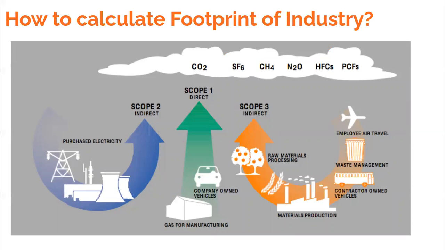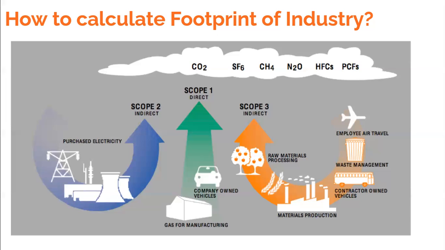We need to be clear about the terminology which industry uses when calculating carbon footprint. So an industry's carbon footprint calculations generally are categorized as scope 1, scope 2 and scope 3. As is visible from this chart, scope 1 calculations are the direct emitters or direct contributors to the carbon footprint, and they would include the contributions because of the travel from the company owned vehicles, the gases, for instance, used for manufacturing.